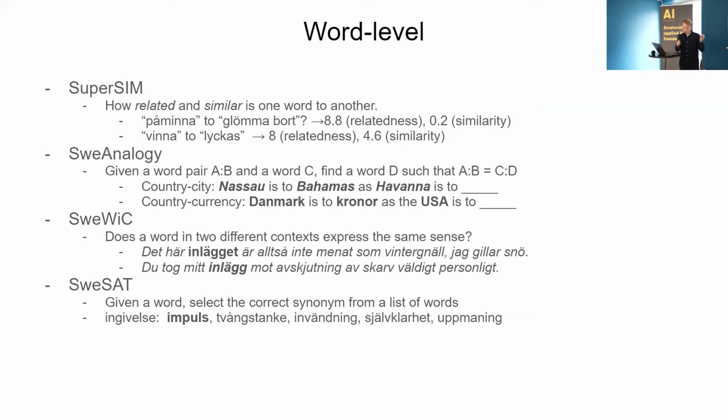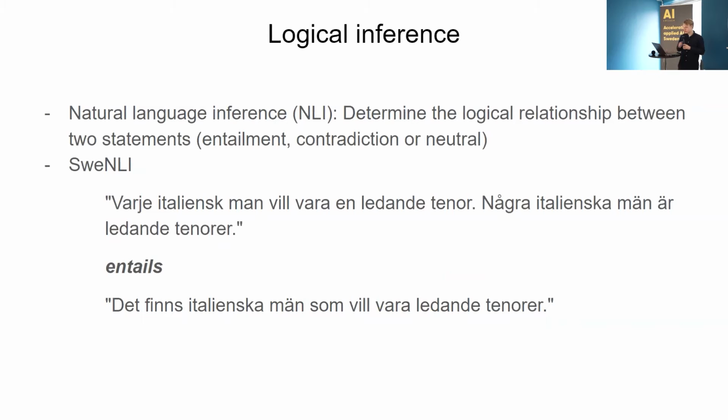In this specific section you want to pair a word to the correct synonym, so it's like a multiple choice task. If you have a word like ingivelse, then you have 5 candidates and you have to pick the right word. In this case, impulse. And those were the word level tasks.